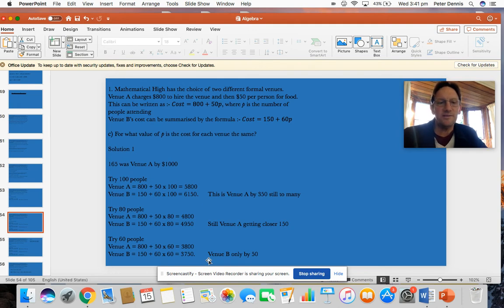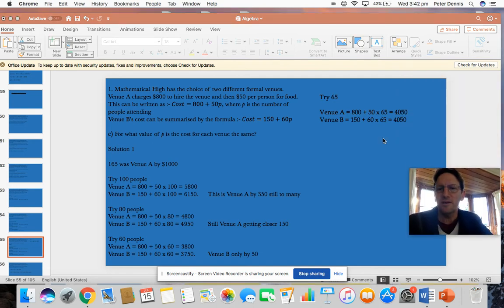So we know it's somewhere between 60 and 80. Because it's not right in the middle, I'm going to go 65. If it was right in the middle, I might go 70, but I'm going to go 65. And at 65, venue A and B are the same. So that is one way to do it.